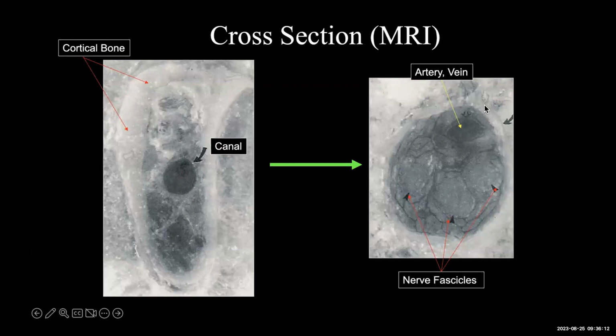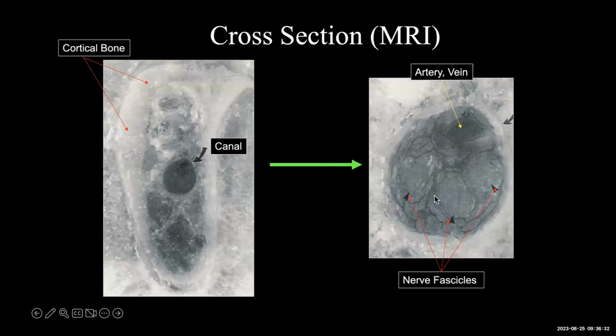The inferior alveolar canal or mandibular canal usually has a cortical covering. The nerve fascicles, which are made up of many, many nerve fibers, are right below it. Right above it is an artery and a vein.